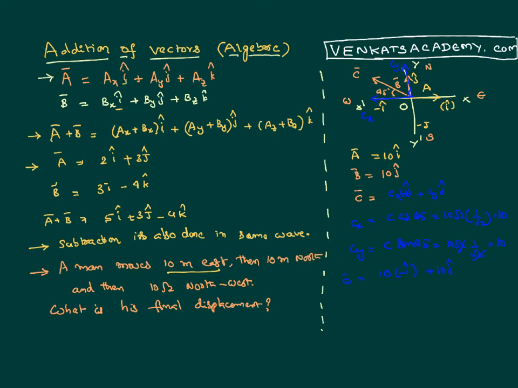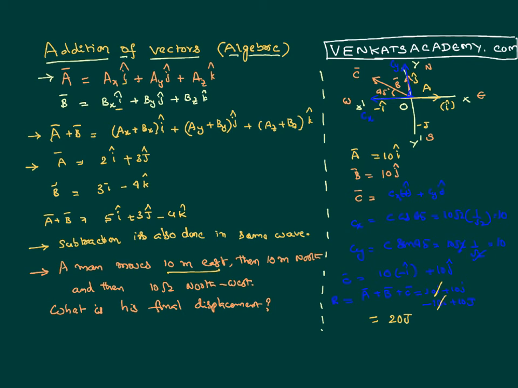Now I want to find the resultant displacement of all these. I simply add them like vectors: A bar plus B bar plus C bar. I know A bar is 10i, B bar is 10j, and C bar is minus 10i plus 10j. So it's very clear that the i components get cancelled. What remains for us is 20j, because the i components got cancelled.